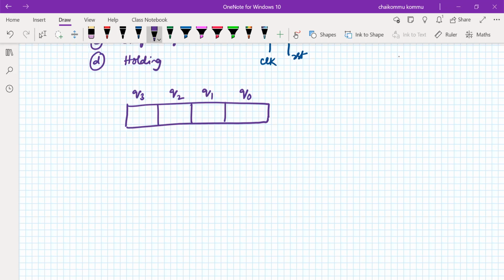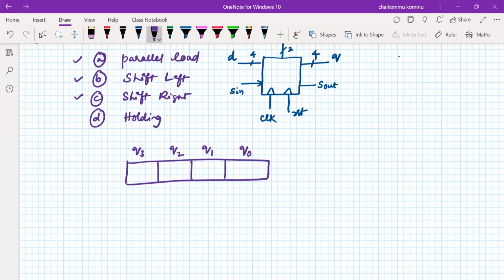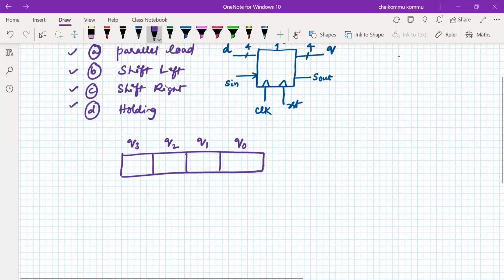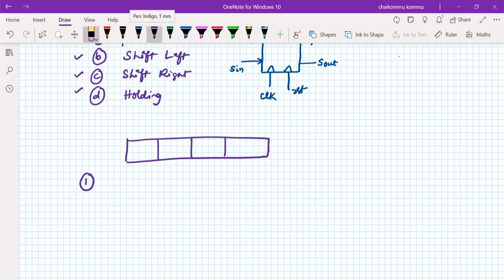Each and every flip-flop is filled based on these particular operations, right? So what is the first operation it has to do? Parallel loading. The parallel loading means the Q0 flip-flop.